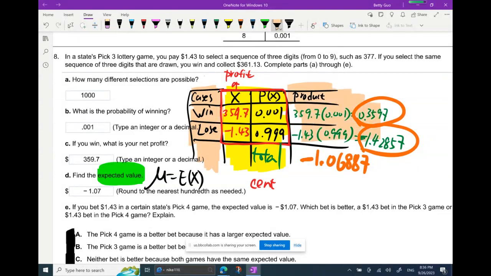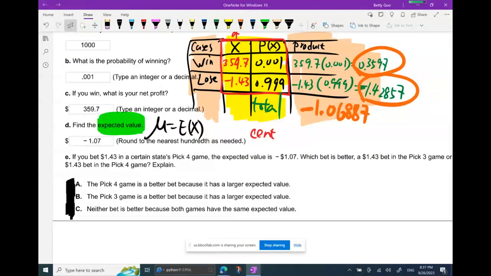Even though those two orange columns are not part of the probability distribution table, they help you to find the expected value. Again, what is expected value? It is the mean, the average, the typical value you're expecting to have if you try one time of the procedure. Okay.